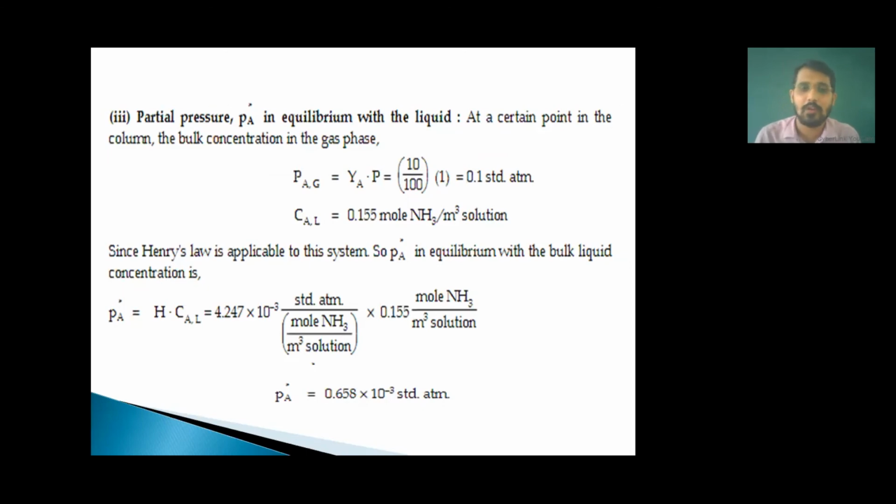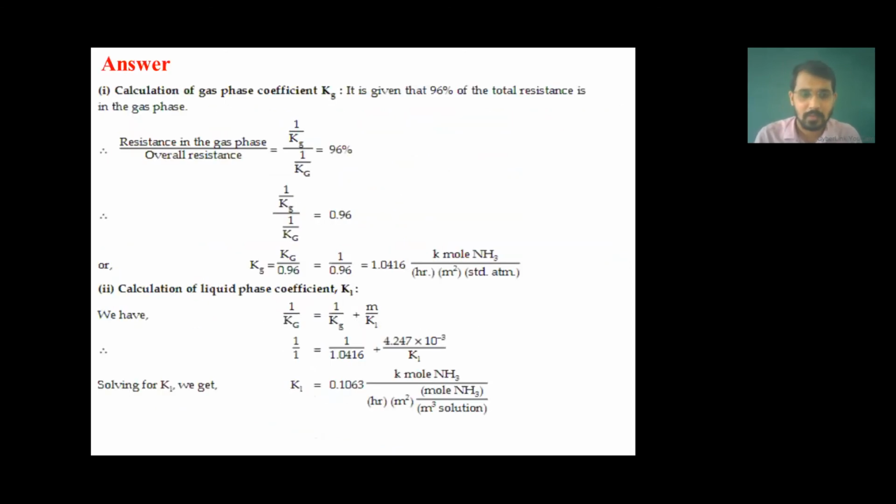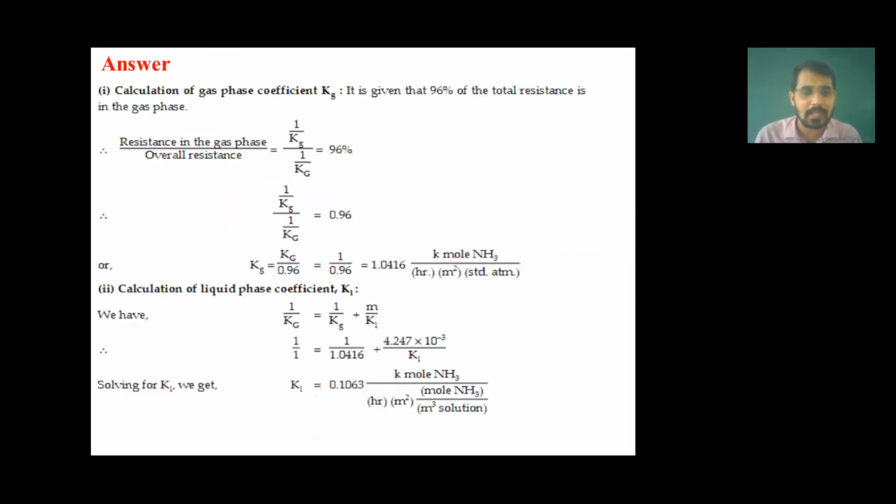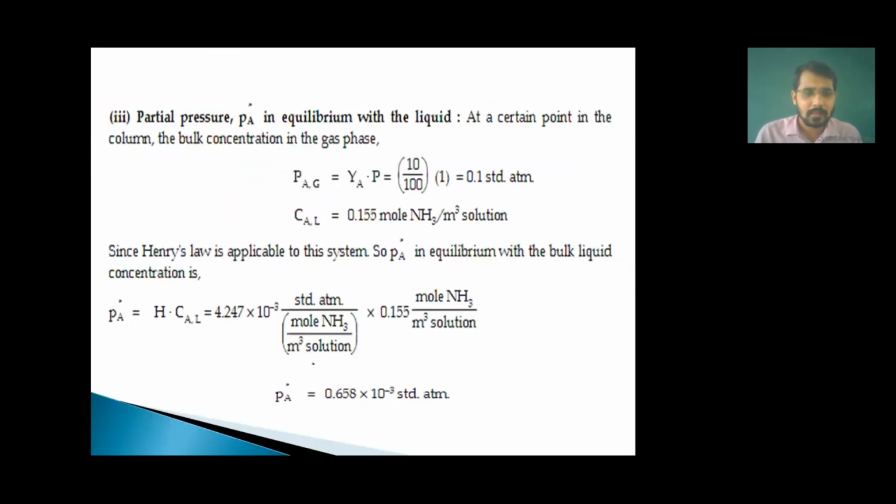We know the value of H, that is 4.247 into 10 raised to minus 3, and CAL we have calculated, that is 0.155. After multiplying H and CAL, you will get the partial pressure equal to 0.658 into 10 raised to minus 3 standard atm.